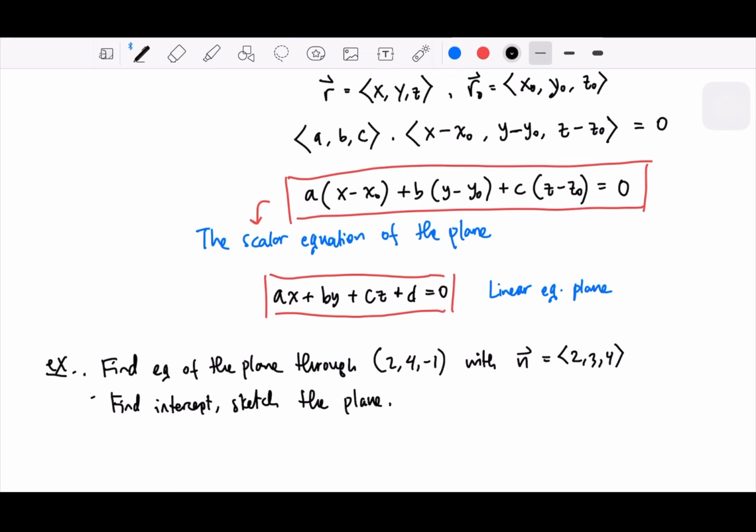Now this point will be the initial point, the x0, y0, and z0. This n is our directions, A, B, and C. So we can just take this into our formula.